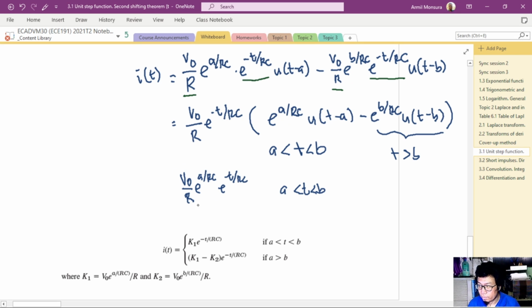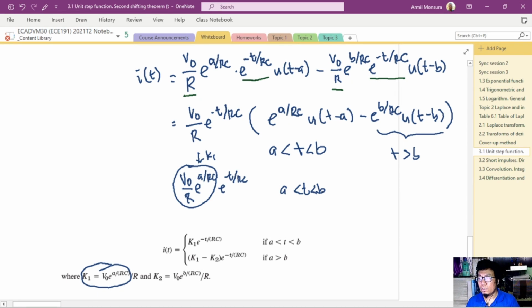Just a reminder that all of these are constants. This is defined as k1 in your answer. So essentially, this is k1 times e raised to negative t over rc, between a and b.